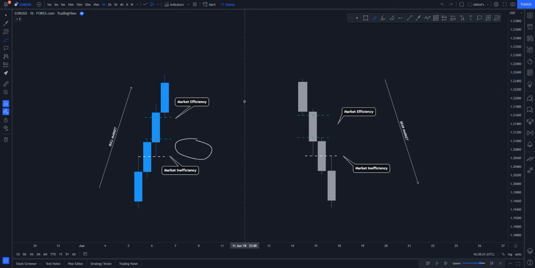So let's look at this particular place. A fair value gap is basically an area where the wicks of each price structure have not been filled. Assuming we have this particular price structure, we have candle one, candle two, and then candle three.